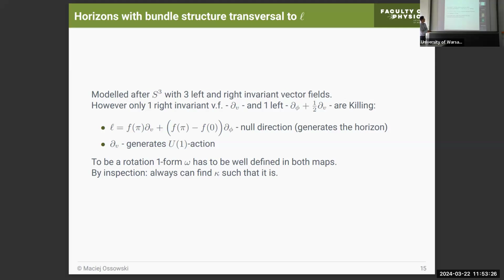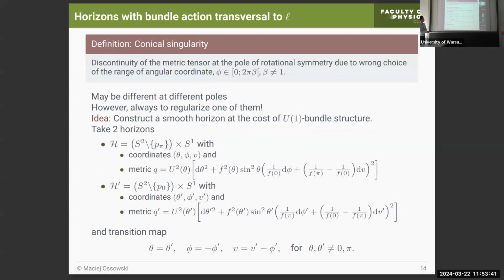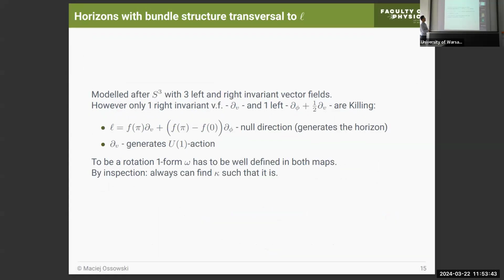And the U1 action is generated by d over d gamma for those horizons. There's also some technical thing: this rotation one-form calculated for this L has to be well defined in both of those maps. However, it turns out that this can always be done by choosing some specific surface gravity.